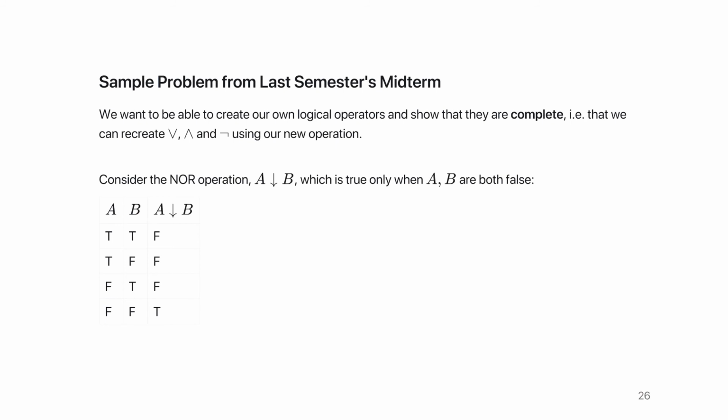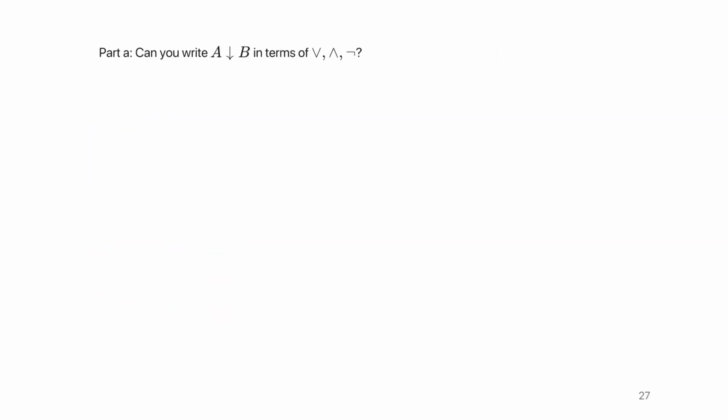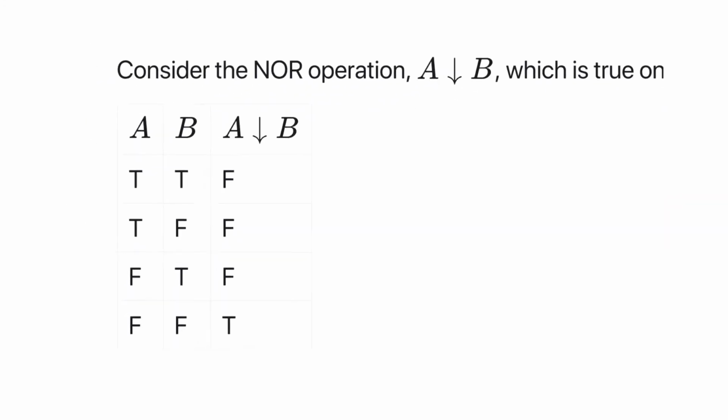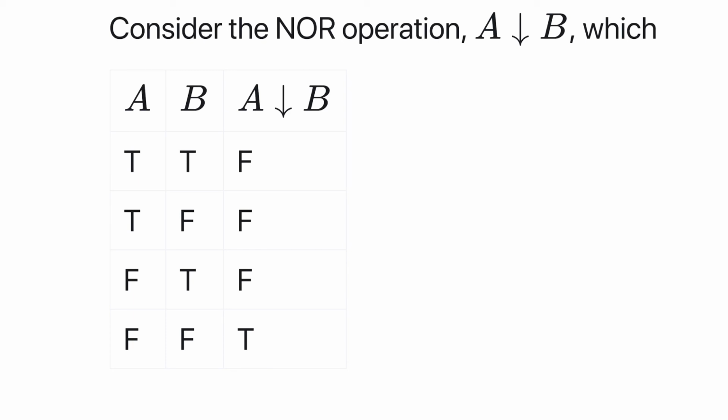And really, to define anything, you need a truth table. So the first question is, can you rewrite A down arrow B in terms of or, and not? So that's the first question. Okay? I'll move through it a little quickly because I want to get through as much as we can. But notice, this truth table is the reverse of the one of A or B, right?